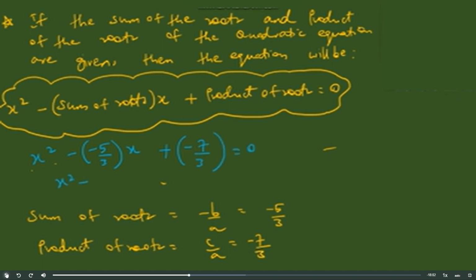This will be x square plus 5 by 3 x minus 7 by 3 is equal to 0. Here I'll take my LCM as 3, giving 3x square plus 5x minus 7 is equal to 0.